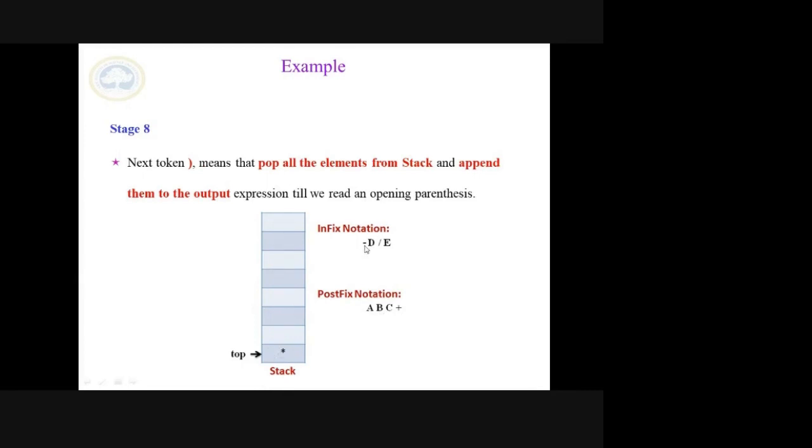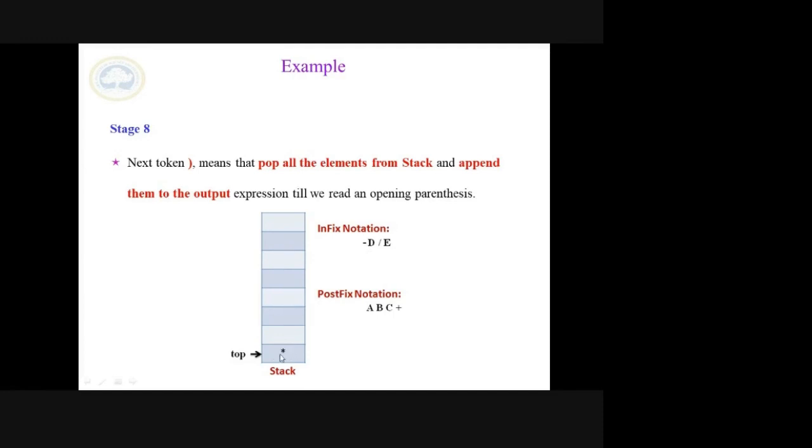Now comes minus. Listen to this very carefully. Minus is the incoming operator and star is the operator inside the stack. Now minus and star will be compared. If the stack has a higher priority than the incoming operator, you have to pop the operator from the stack. In other words, no smaller priority can be placed above a higher priority.